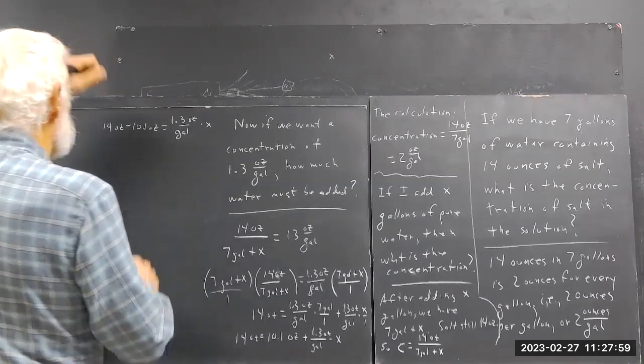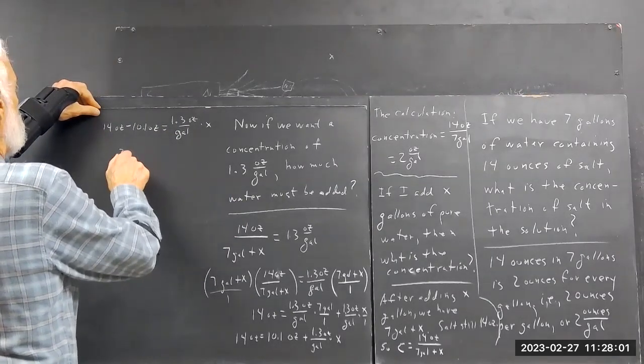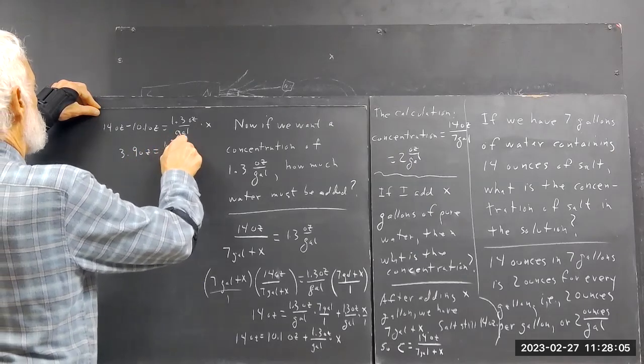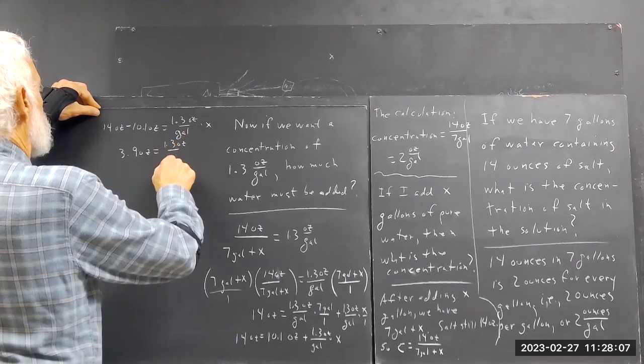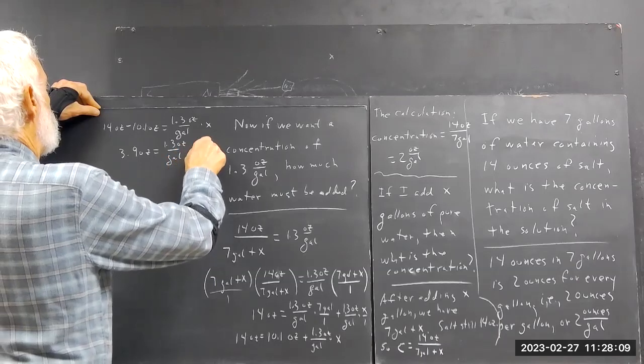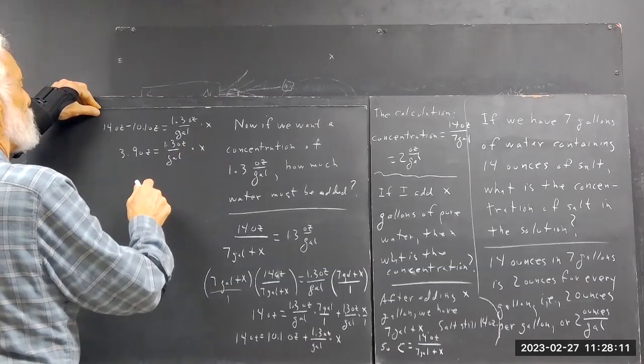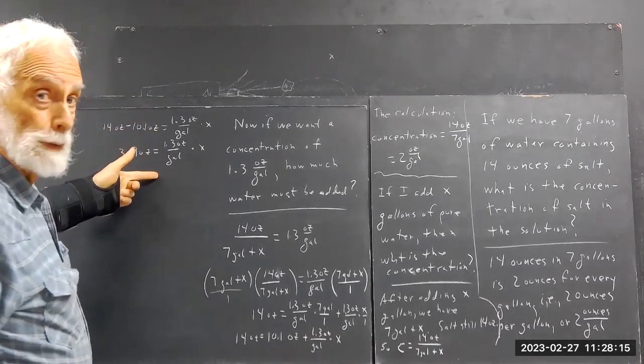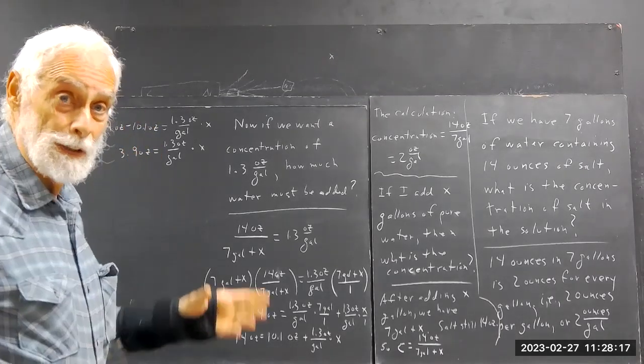Okay, so this gives us 3.9 ounces is 1.3 ounces per gallon times X. I'm going to say we multiply by the reciprocal of this because it's easier than dividing.